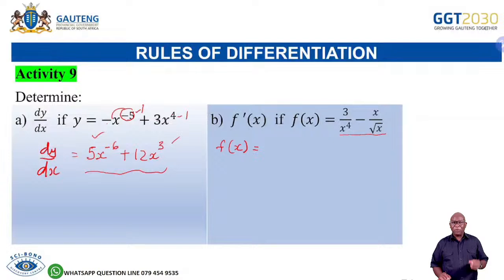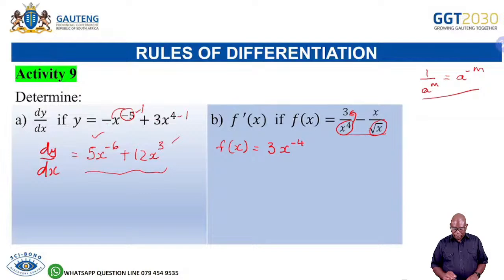In exponents, if you don't know your exponents in these questions, you're going to struggle. So the first thing that you need to do is to practice your exponents. X to the power 4, taking it up there, will give me 3x to the power negative 4. You know the rule? If I've got 1 over a to the power m, that gives me a to the power negative m. That's the rule that we are applying there. Right, so now with this one, same thing.